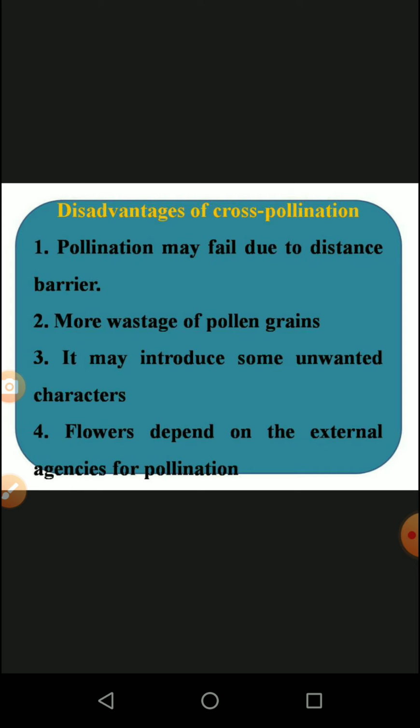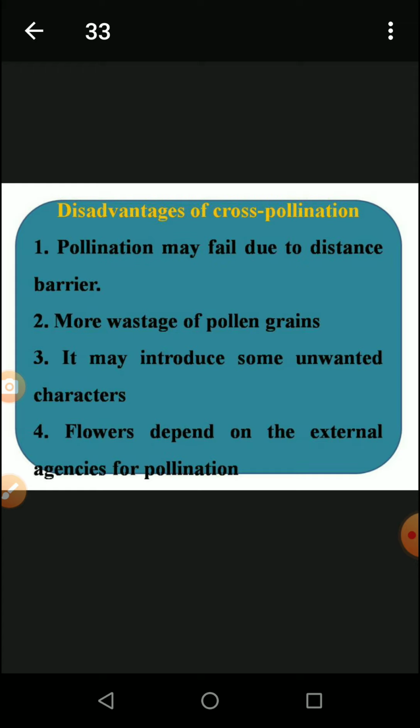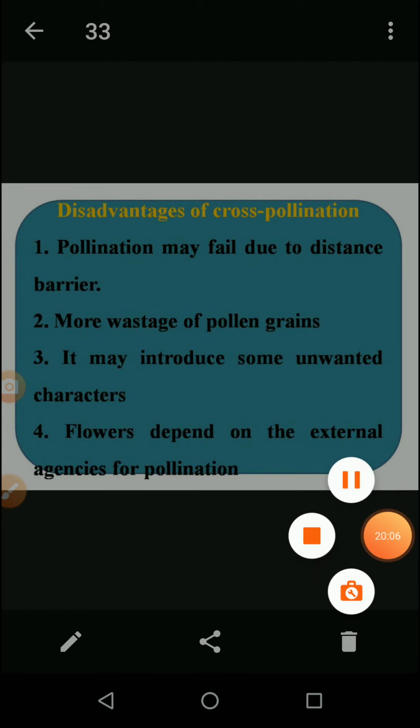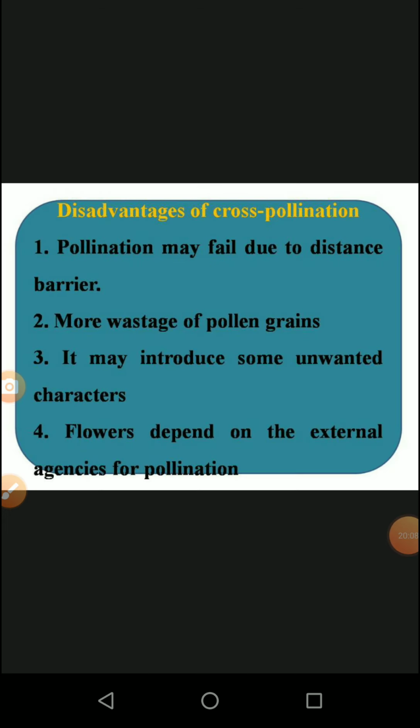It may also introduce unwanted characters, like in the brinjal plant, which produces small thorns. This is an unwanted character exposed by cross pollination. Flowers depend upon external agencies for pollination, which is a barrier in cross pollination.